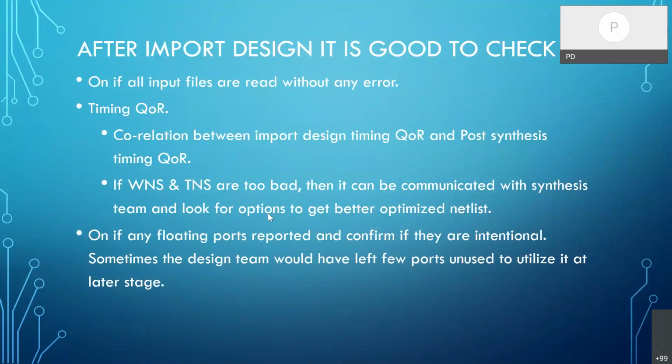We should compare them and see whether the correlation is proper. If you find too much deviation, with worst negative slack and total negative slack too bad, then there is no point in continuing the PNR. The synthesis tool does logic optimization also, so we can go back to them and ask for a better synthesis gate level netlist. This is not a usual scenario, but we need to check the correlation between the synthesis and our layout tool.